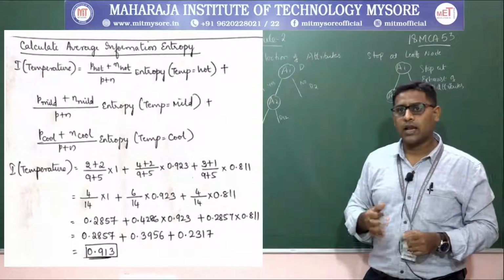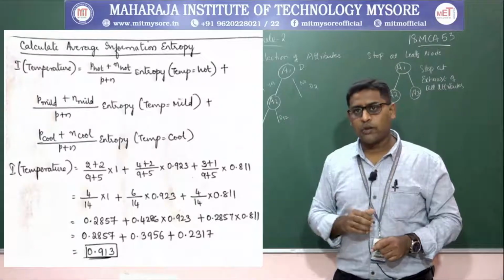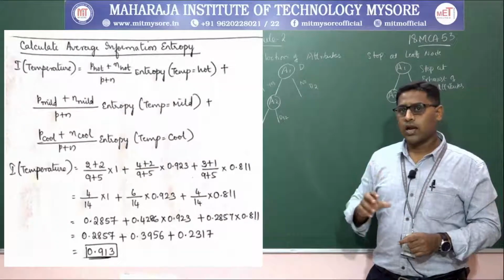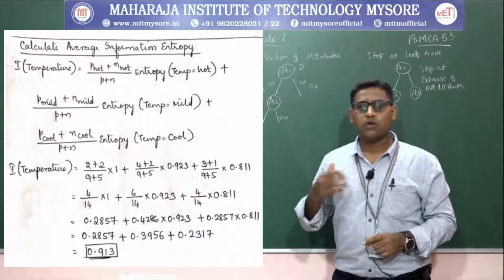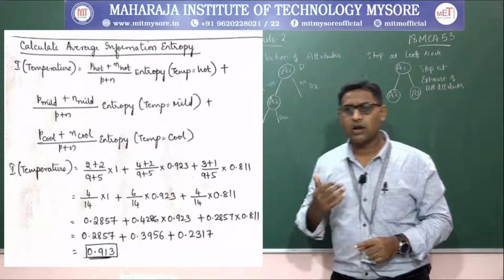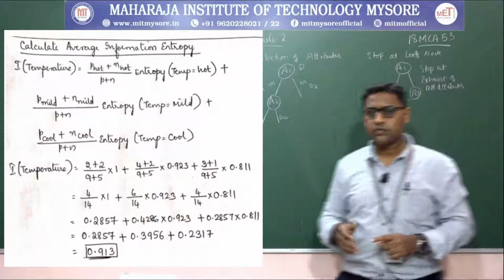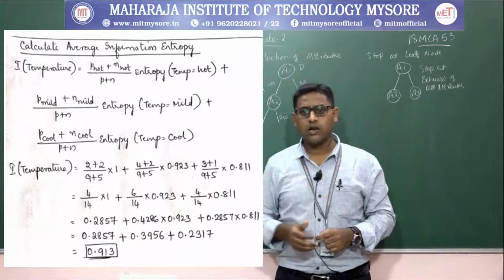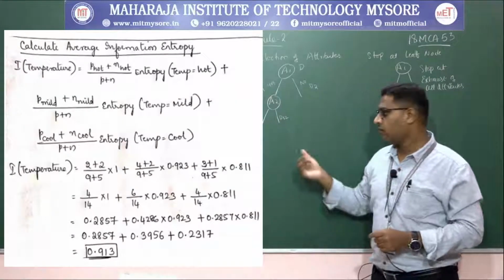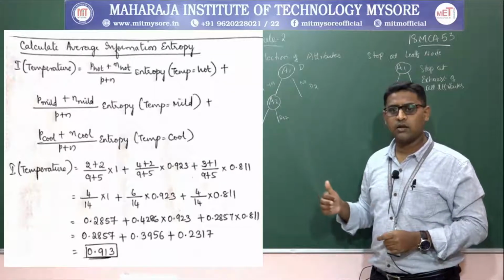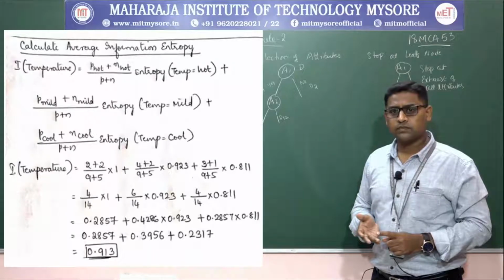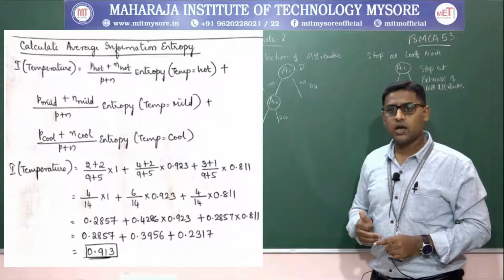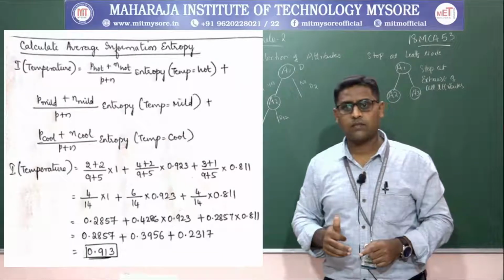Now you need to calculate the entropy for temperature, right? So what are the parameters there for temperature? That is hot, mild and cool. For hot you have 1, for mild it is 0.923, and for cool it is 0.811.